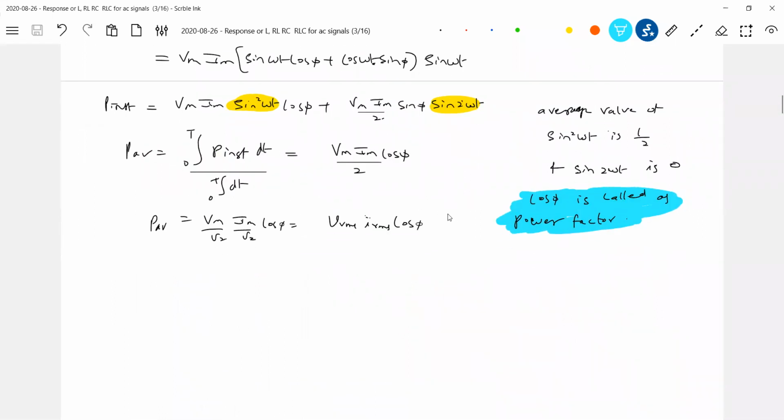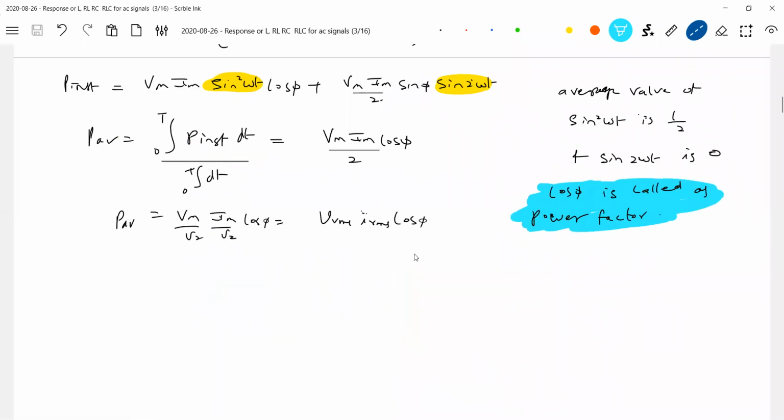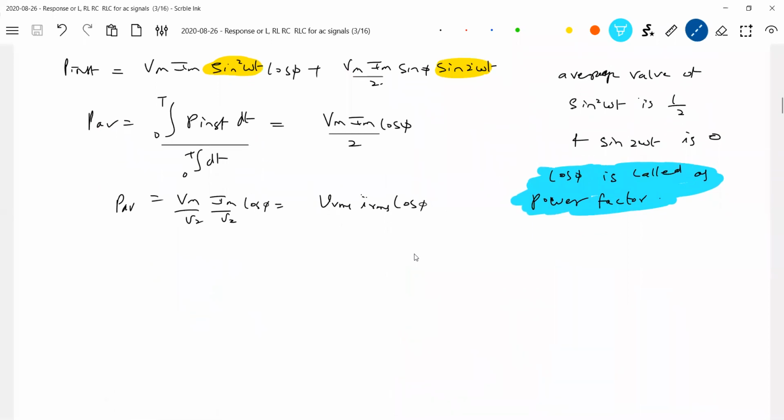So let's go back again to that triangle. And now I'm introducing something regarding power. So let's plot that circuit. We know how Irms is. Let's bother only about the applied voltage and applied current.